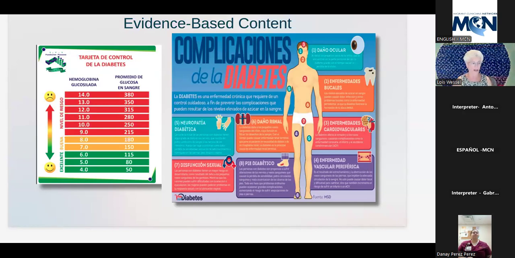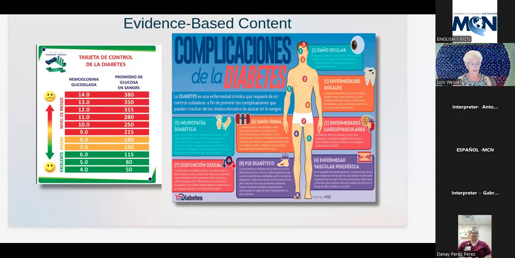Something's not right. You need to make a change. The yellow or orange zone, yeah, you probably shouldn't go through the yellow light. You might be haunted by it, but maybe not the end of the world. And then the green, you're doing okay. And again, it has a smiley face to a sad face.